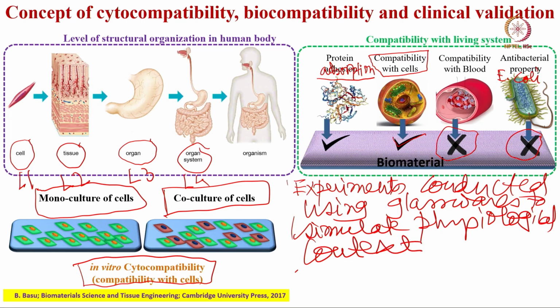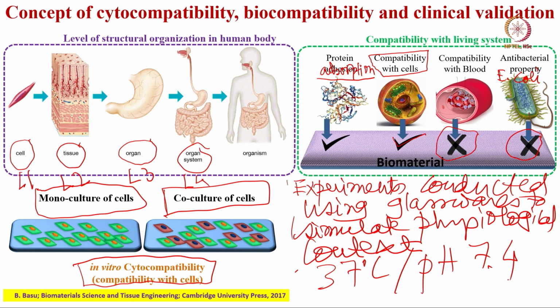That means in vitro experiments are always done at 37 degrees Celsius, because 37 degrees Celsius is the body core temperature. So, I am mentioning 37 degrees Celsius, pH 7.4, that is the blood pH.